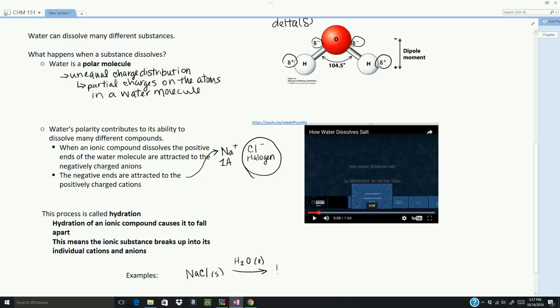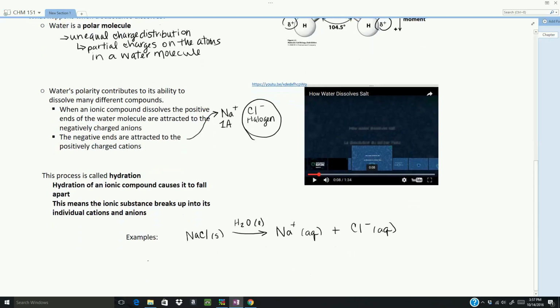Then that compound is going to break up into its component cations and anions: sodium, which is +1 and now aqueous, plus chlorine, which is -1 and also aqueous.